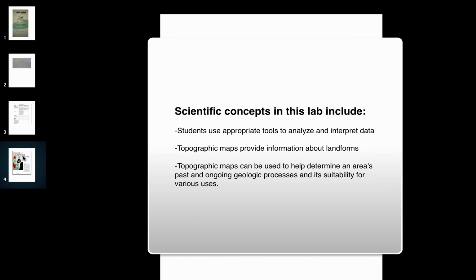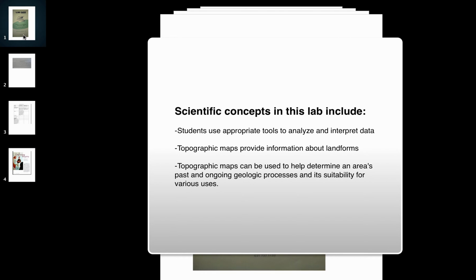Scientific concepts in this lab include: students use appropriate tools to analyze and interpret data; topographic maps provide information about landforms; topographic maps can be used to help determine an area's past and ongoing geologic processes and its suitability for various uses.